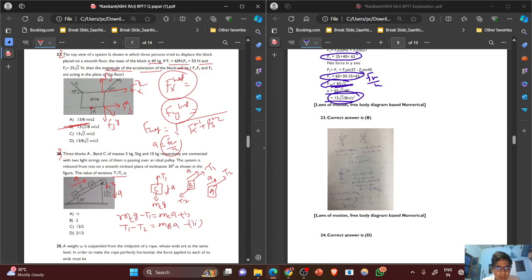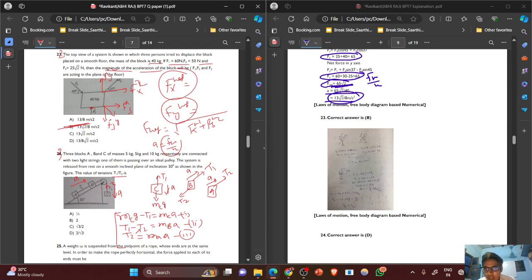The third equation will be T2 equals m_A a. Now, putting the value of T2 here, you can get T1. Putting the value of T1, you can get a. So by solving these three equations, you can easily find the values of T1, T2 and a because there are three variables T1, T2 and a and you have three equations. So it is sufficient to solve it by your own.